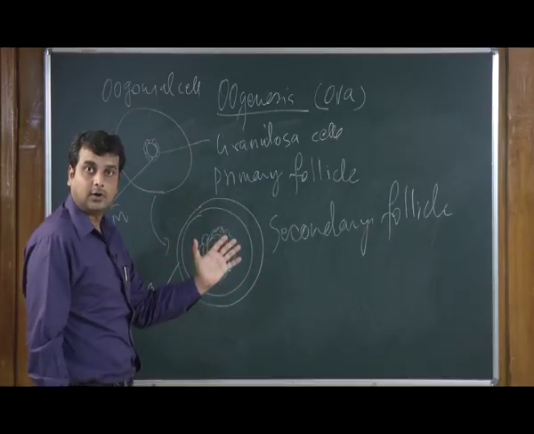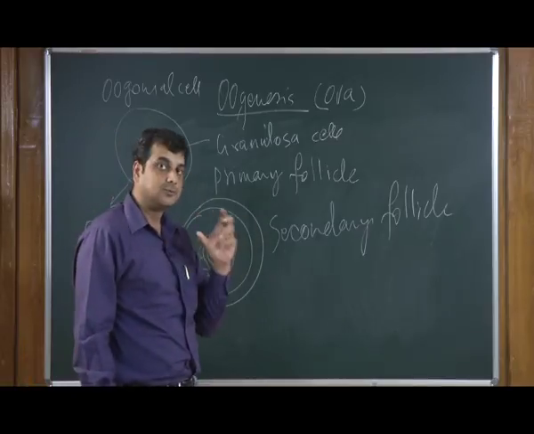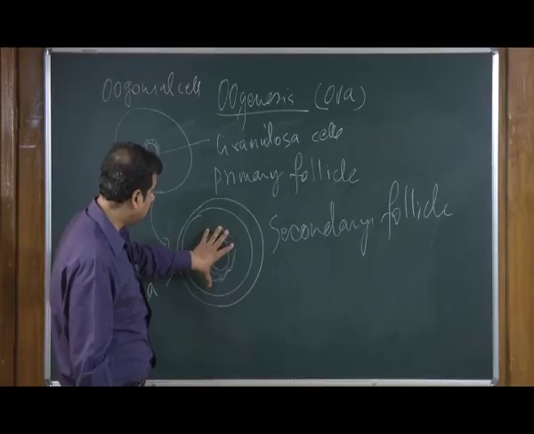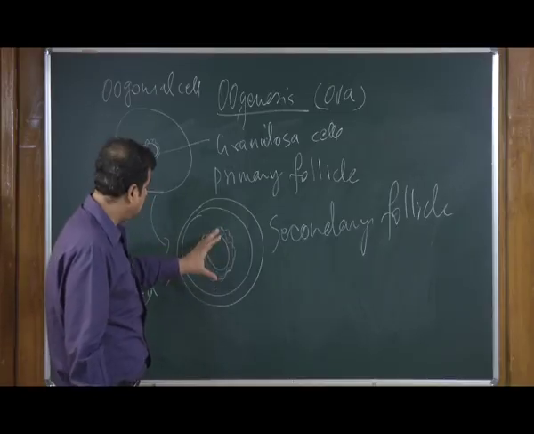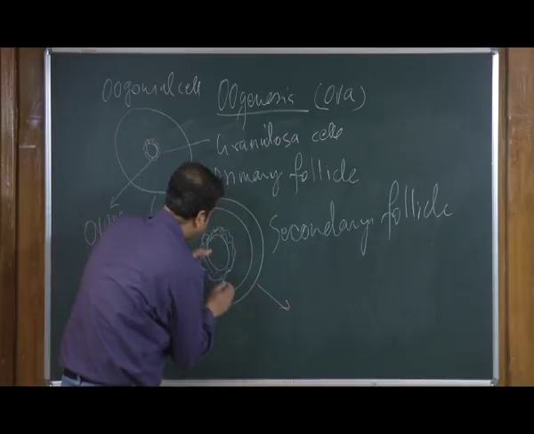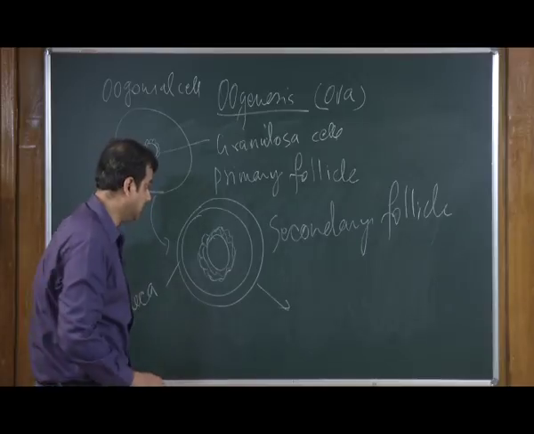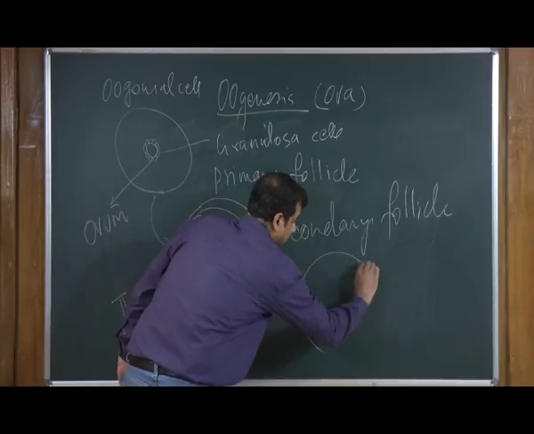Now we can correlate the whole biology in terms of the actual chromosome number and all. During the gradual development of this secondary follicle, there will be a formation of a cavity inside the developing follicle.